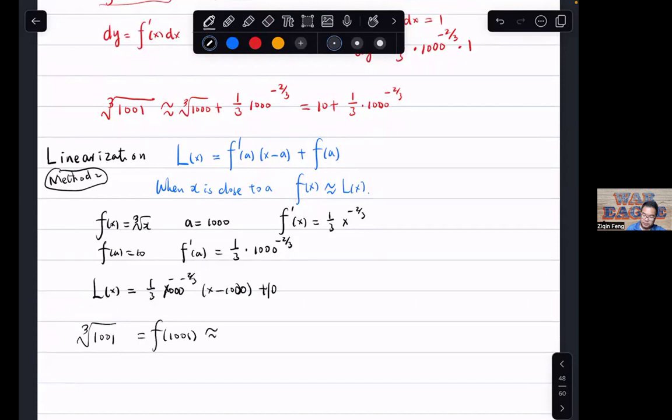Which can be approximated by L of 1001, which equals 1/3 times 1000 to the power -2/3 times 1 plus 10, because 1001 minus 1000 is 1. So that's how we use linear approximation, linearization, to estimate the function value at 1001.